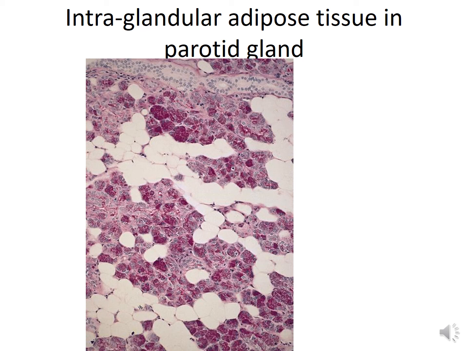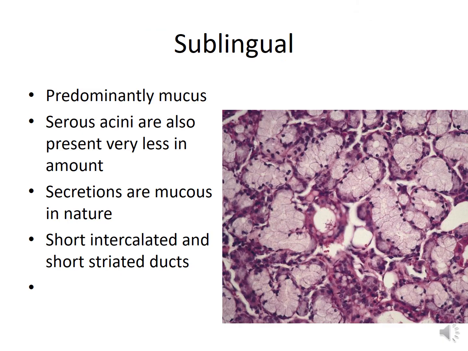Now, the parotid gland normally contains more adipose tissue, fat cells, and with age it increases as compared to the other two glands. Sublingual gland is predominantly a mucus gland, and serous acini are also present, but very few.